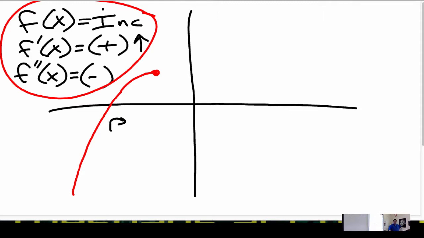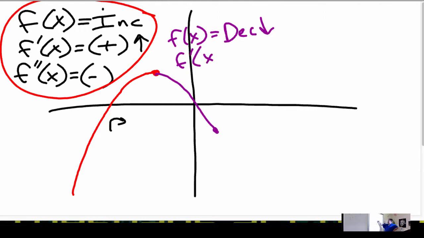Okay? Now if I come in here, and from this point to here, what is f of x doing? Well, f of x is decreasing, which means f prime is negative. Now what is that with regards to the concavity? What does it look like it's doing? It doesn't look like it's coming back. Well, here it's curling down, curling down, curling down.